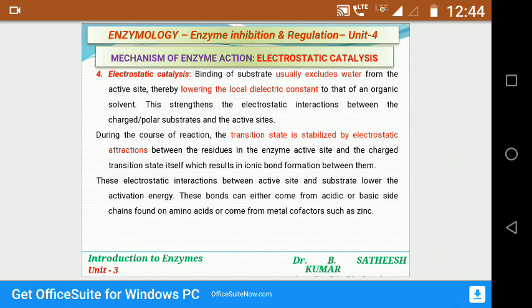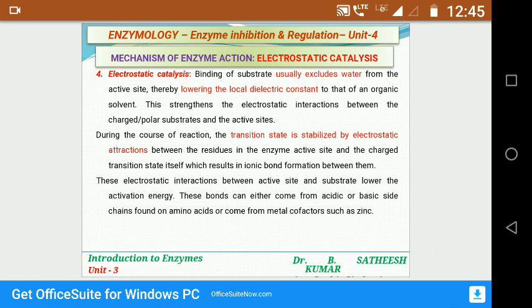So the water molecule is already bound to the active site. Now the active site is not empty, it is occupied by a water molecule. Once the substrate comes into contact with the active site of the enzyme, the water molecule will be released from the active site and the substrate binds to that active site. So the substrate is replacing the water molecule.